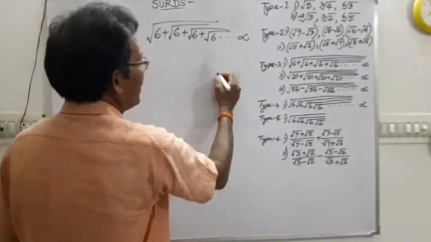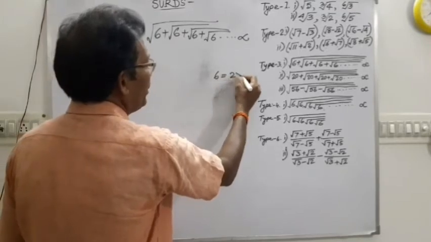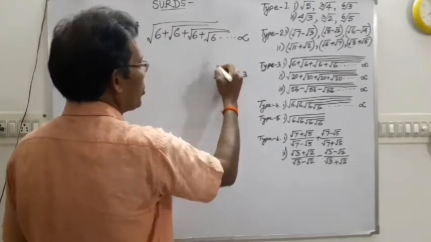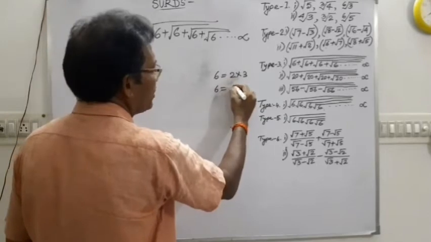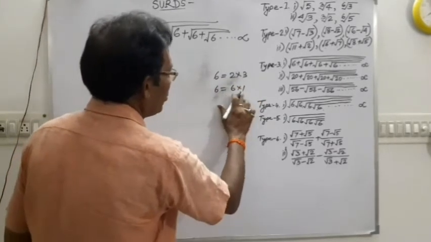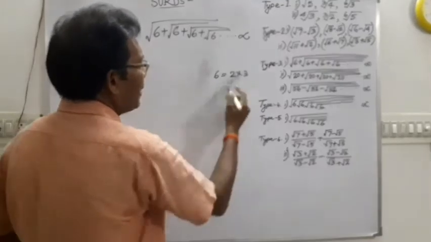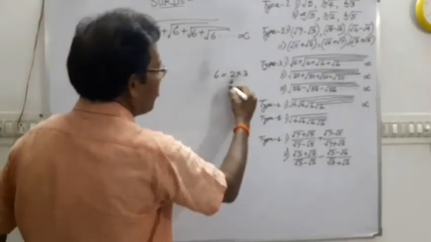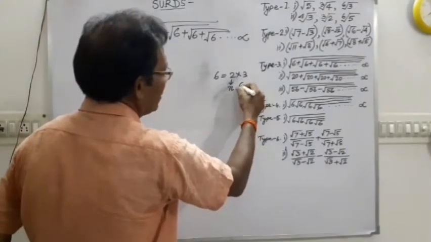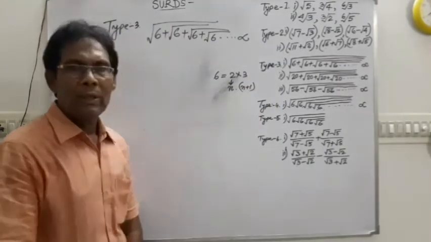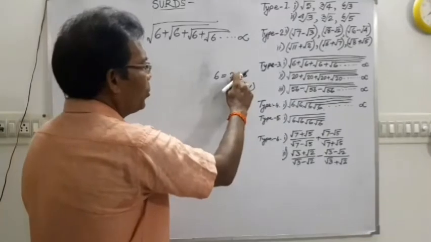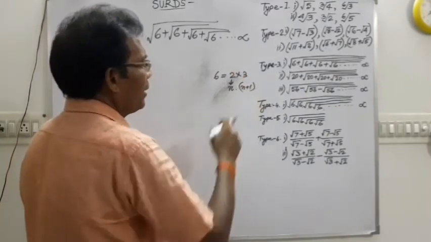The factors of 6: 6 equals 2 into 3. There is also the factor 6 equals 6 into 1, but this factor will not be taken, because the factor should be in the form of n into n plus 1. If 2 is n, then 3 is n plus 1.